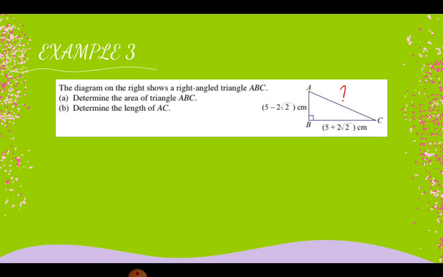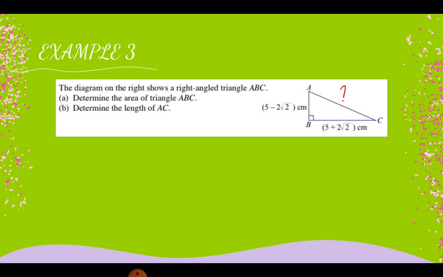Pythagoras theorem is used when you are given two sides and you are required to find another side. Trigonometry, you can use it to find the side or the angle when you are given a side and a side and angle. So in this case, we are given two sides and we need to find another side.